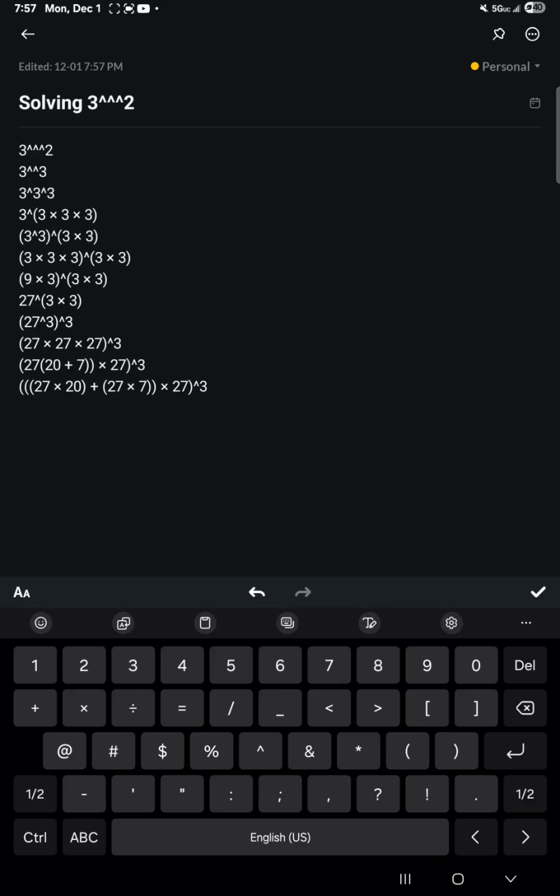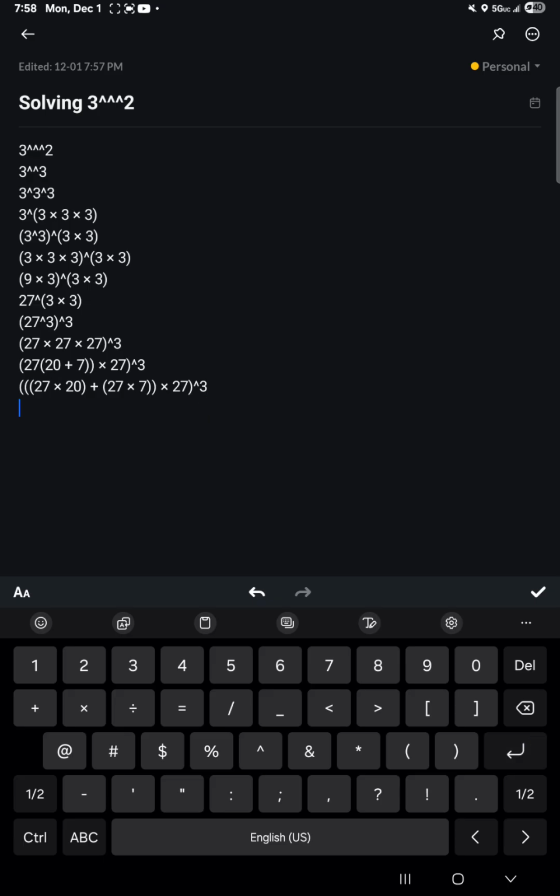Now, when you're using the distributive property, you're going to break down 27, take 20, then duplicate the 27, multiply it, break down the sum, separate the sum, and you get this: 27 times 20 plus 27 times 7.